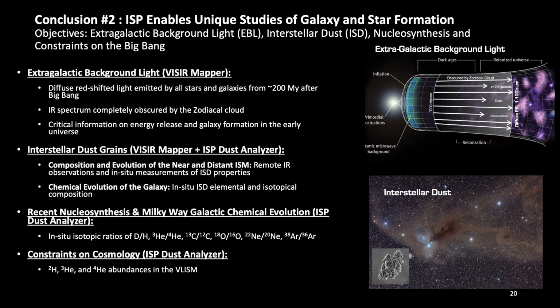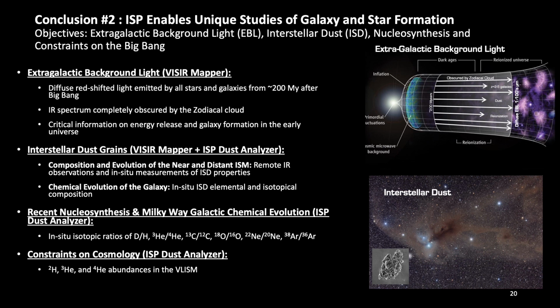Further, I mentioned galactic chemical evolution. ISP, by directly measuring local, pristine dust in the local galaxy, is going to tell us directly the composition of dust that has made it out this far or was made in this region, and what the heavy elements in that dust are.